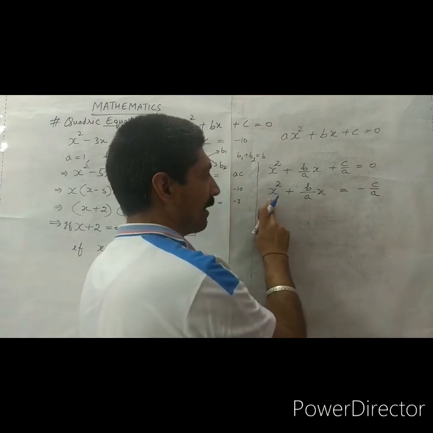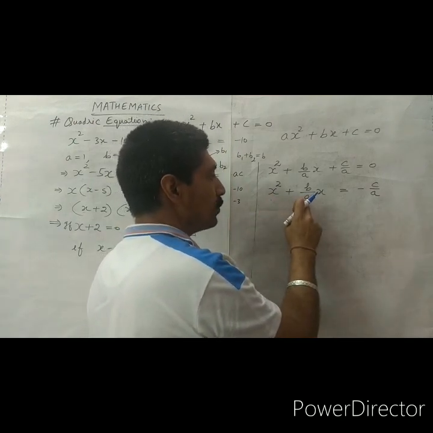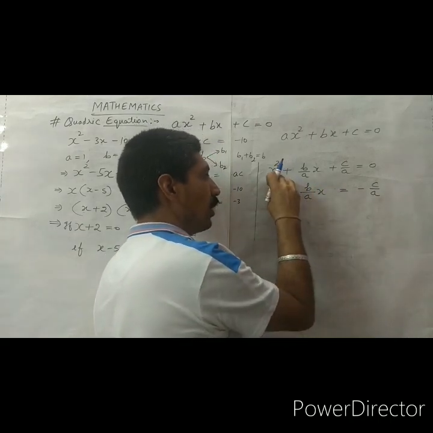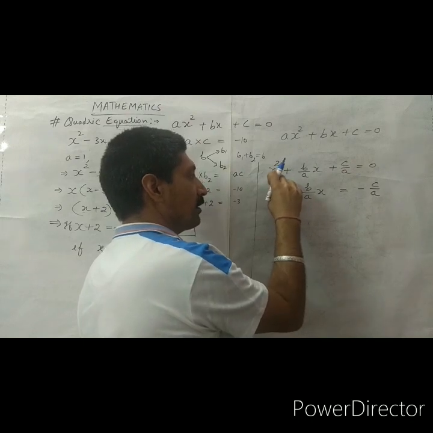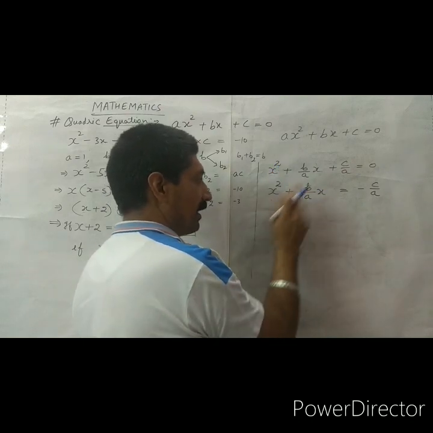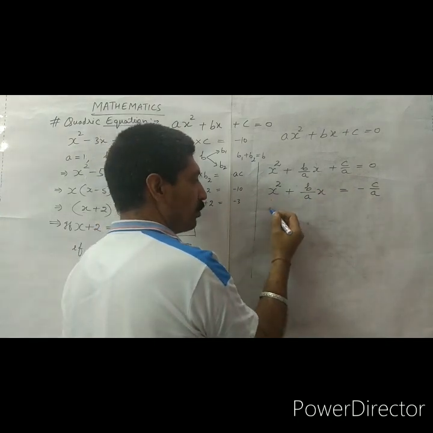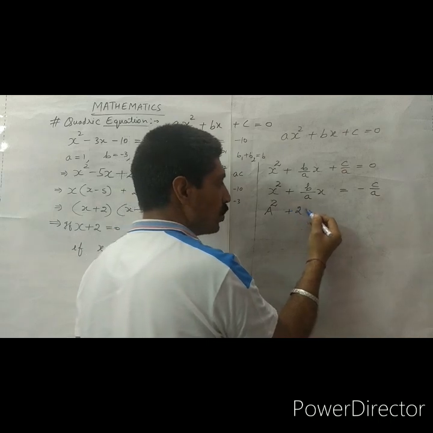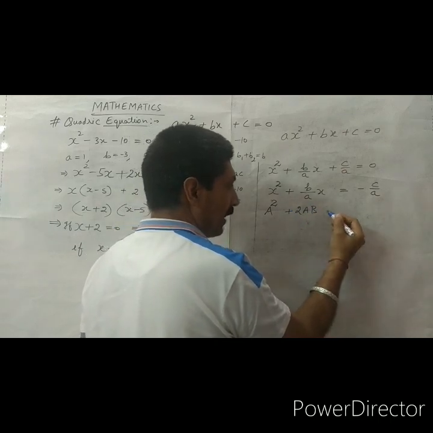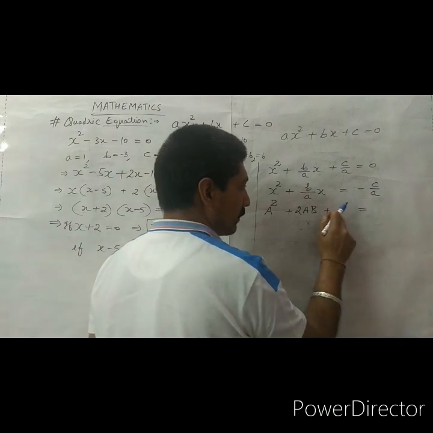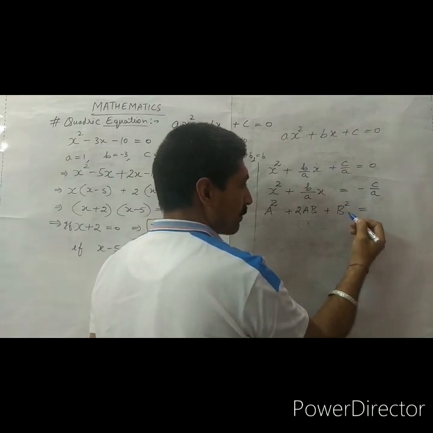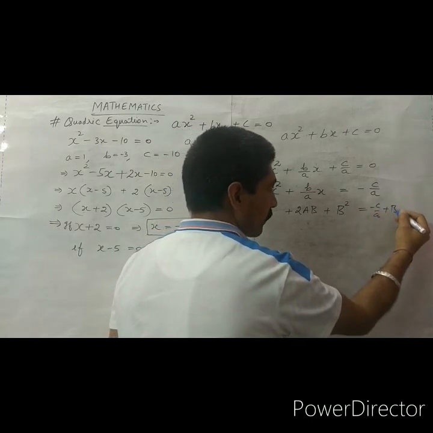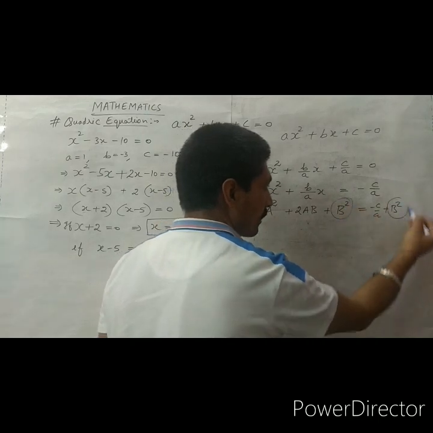Now in the completing square method, we have to add a term to make a perfect square. Let capital A square be the first term, and this term is 2AB, and we have to add B square on this side also, as we don't have the term B square.